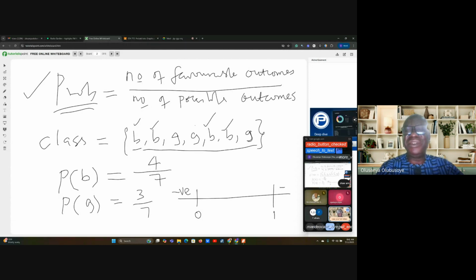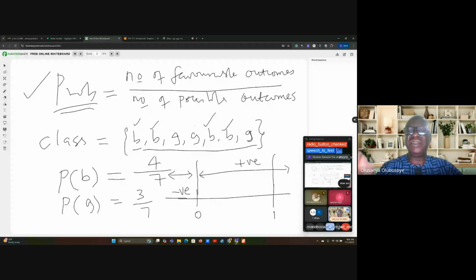So any value from here is positive. Any value here is negative. But even on the positive side, probability can only take values between 0 and 1.